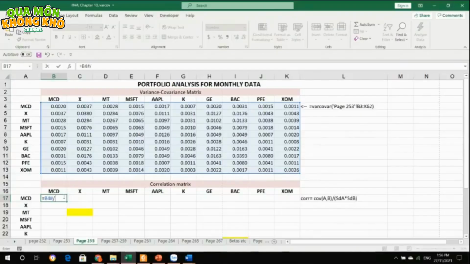You can use the function standard deviation to calculate the standard deviation of the stocks here.